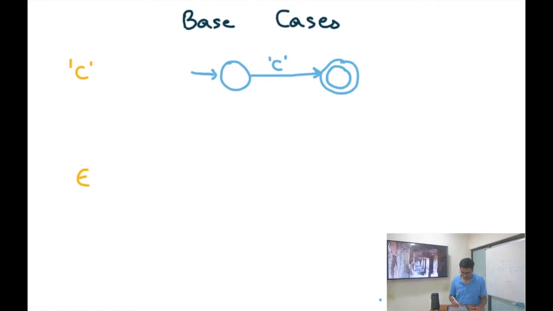Similarly, what is an NFA that accepts the empty string epsilon? Well, this is also easy. Let's say this is a start state. Then I just make an epsilon transition and I reach my accepting state. All right. And this particular NFA accepts the empty string and does not accept any other string.